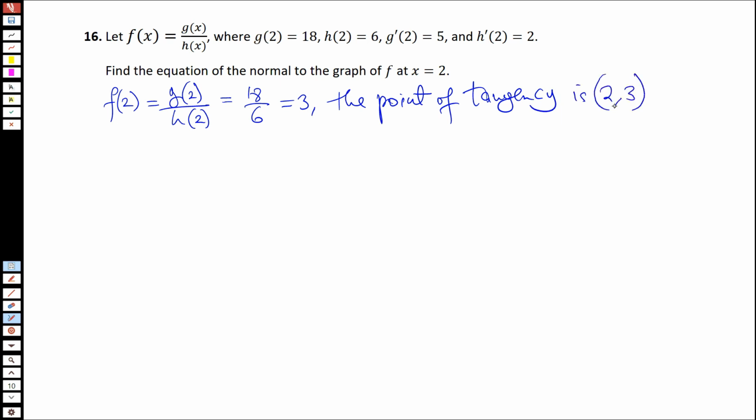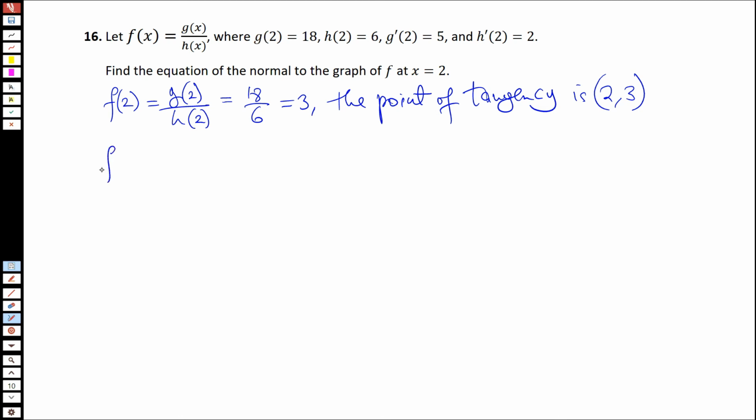If the tangent occurs at (2, 3), then the normal occurs at the same point. So we'll use this to find the equation of the line. But anyway, let's go ahead and find the gradient function, and use it to find the gradient of this curve at x equals 2.